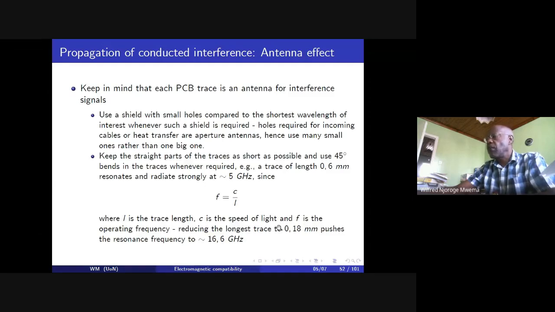Therefore, we reduce the longest trace to about 0.18 millimeter, and this will push that wavelength or frequency to about 16 gigahertz. This may be way outside the range of your circuit, because if you are dealing with a clock of, say, 200 megahertz, this would be a very high order harmonic.